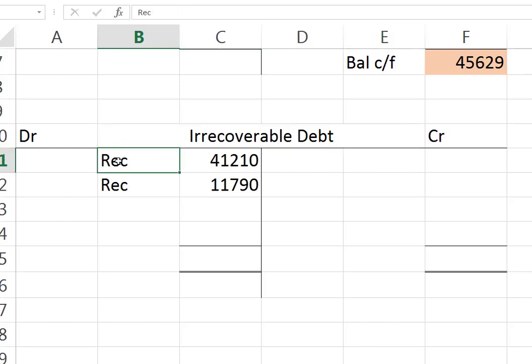We have our 41210, which was the draft figure. We've our 11790, which was to be written off then later. We also need to account for the allowance for receivables, which was reducing this expense.